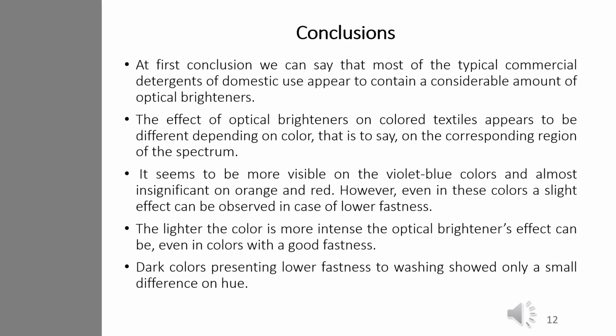So the optical brightening effect is different in different colors. The optical brightening effect is more visible on the violet-blue colors as compared to the orange and red colors. In orange and red, an insignificant effect of optical brightening agents is observed.